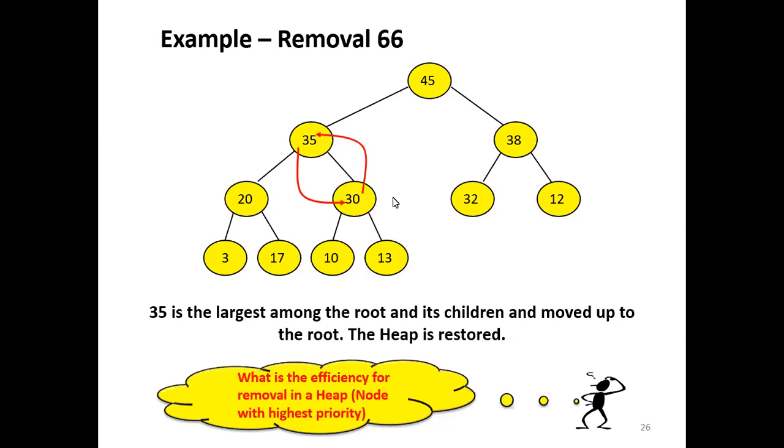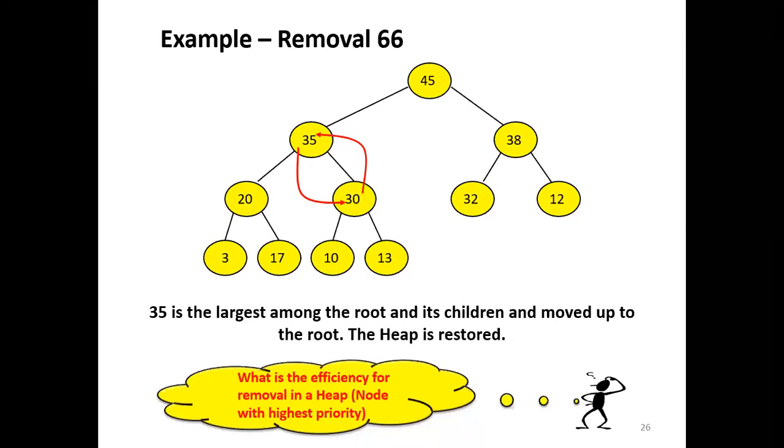Now, the question is, what is the efficiency for removing an element from a tree? From what we have seen, the efficiency for removing an element in this tree is of the order of log n.